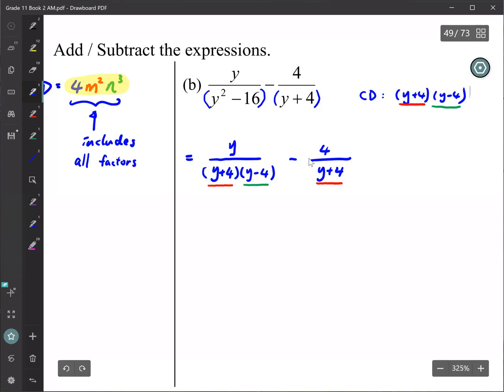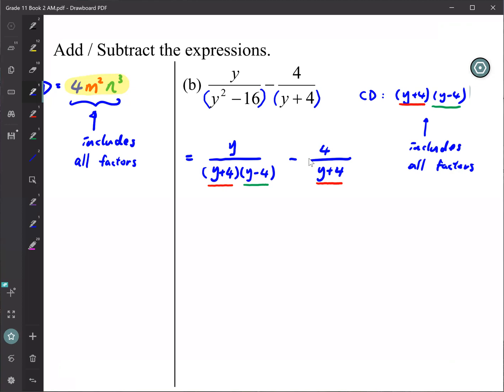Once again, this is the key: it includes all factors in each of the denominators. I can see the denominator for the first fraction and the second fraction, and that's all you need. So do not just take all the denominators and multiply them together. That's not the lowest common denominator.